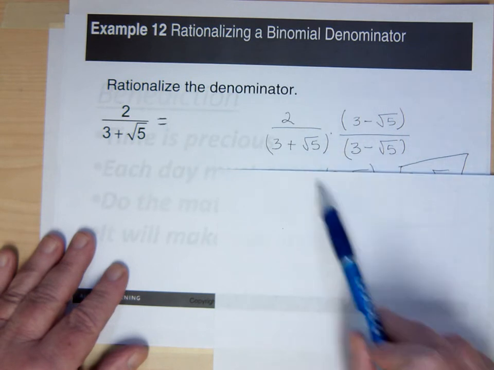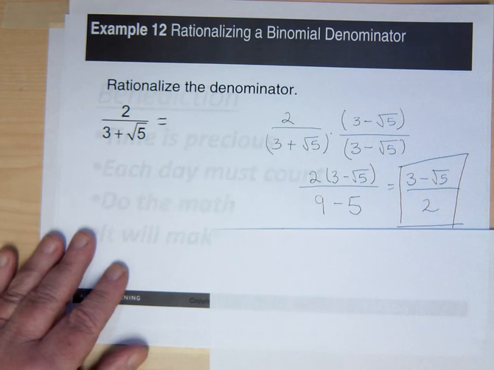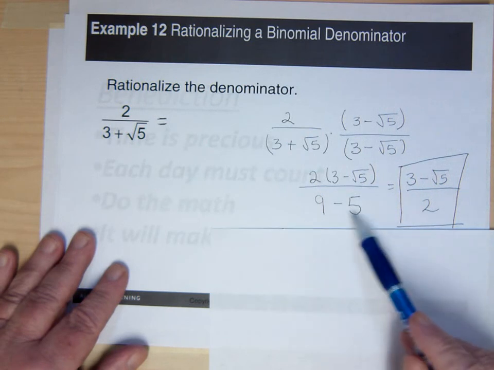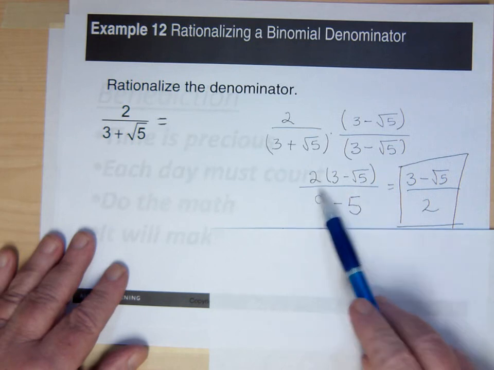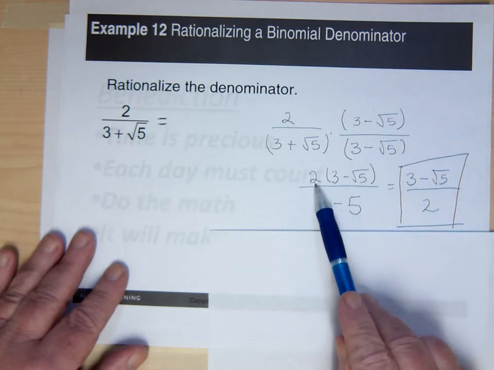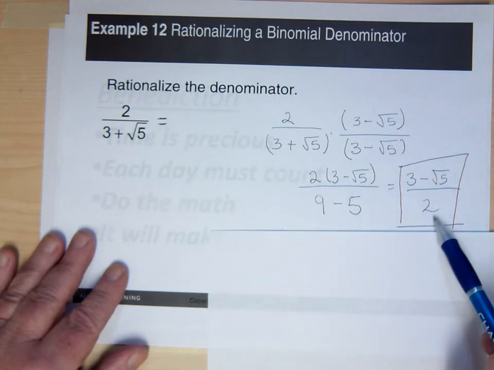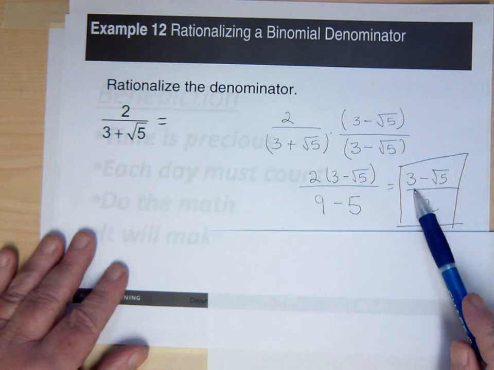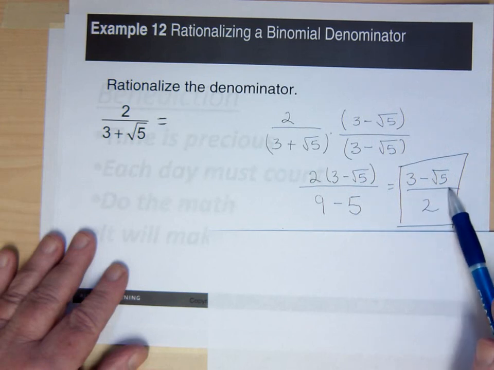Now a squared in this case is going to be 9, and root 5 times root 5 is 5. 9 minus 5 is 4, and up here it's 2 times that, so I end up with a 4. I will cancel the 2 into the 4 to get 2, and this is going to be 3 minus root 5 all by 2.